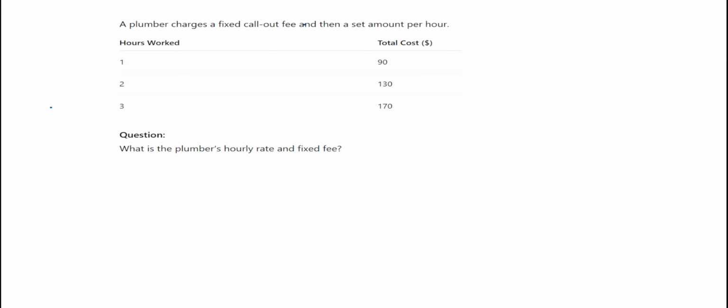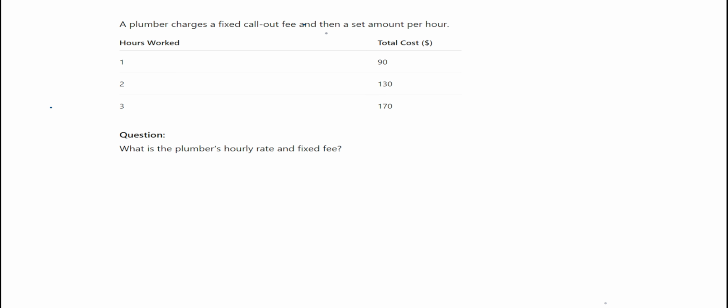Alright, let's do some examples. This is the first time I've gone through them. A plumber charges a fixed call-out fee and then a set amount per hour.